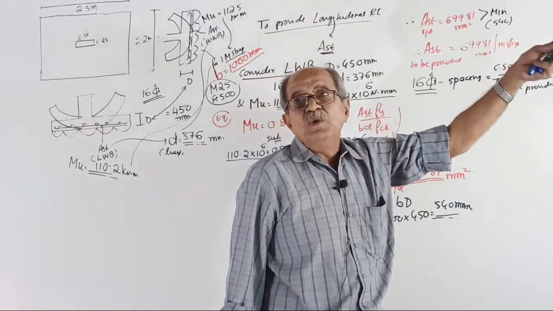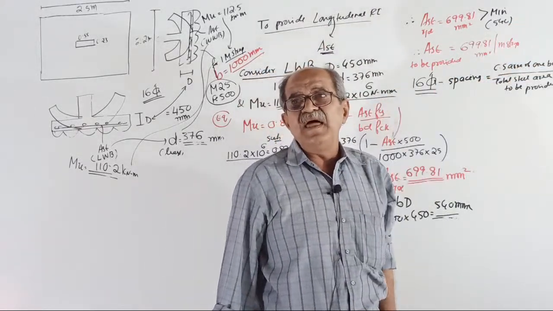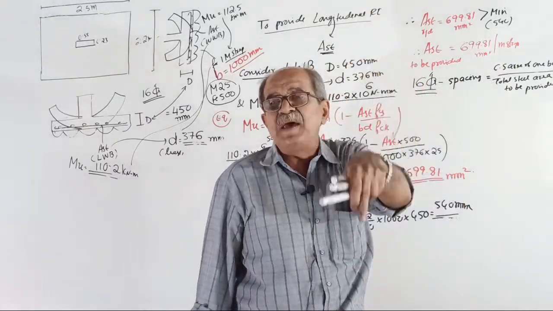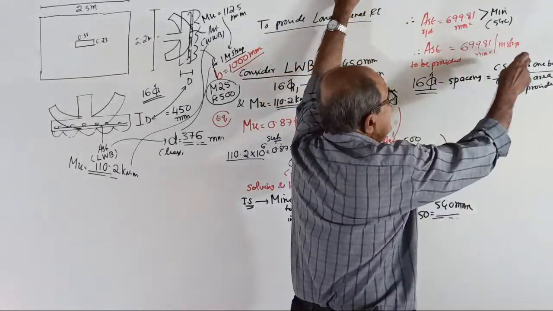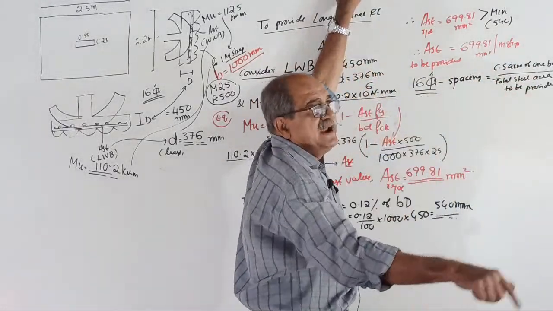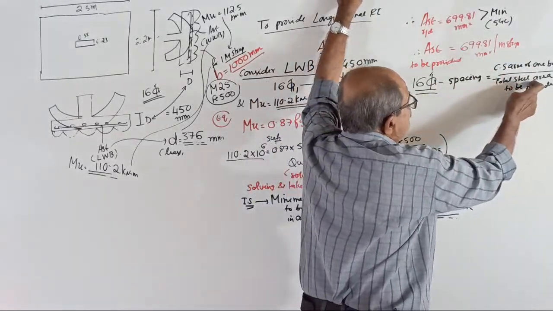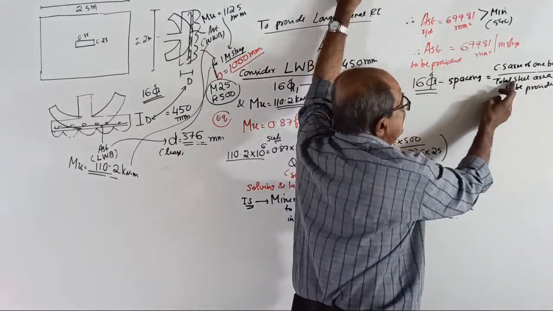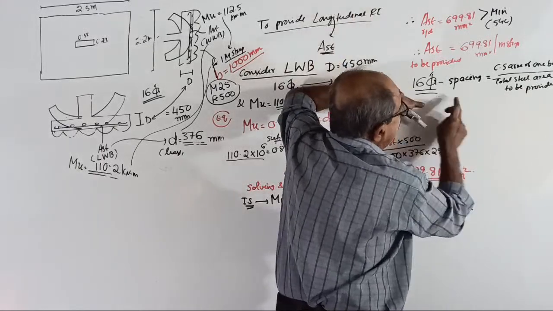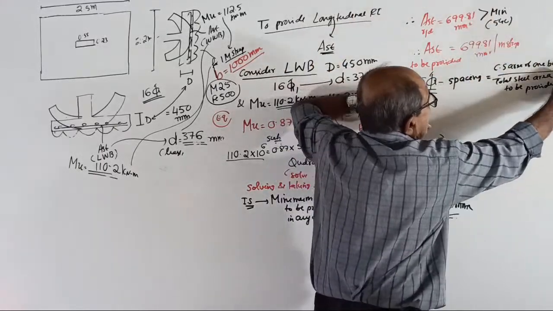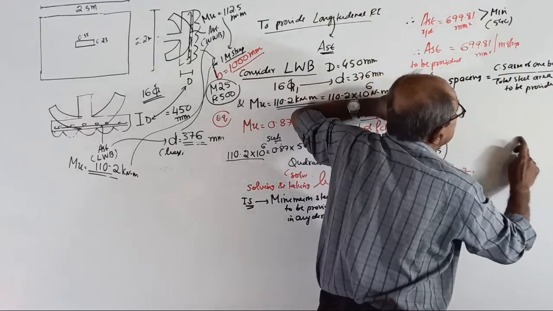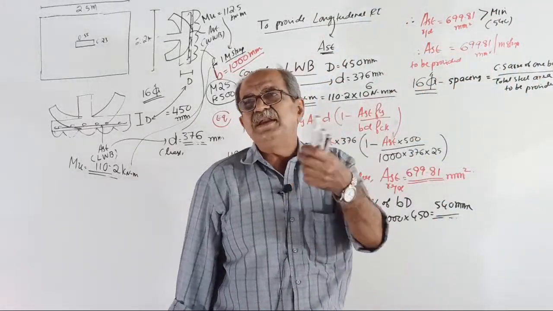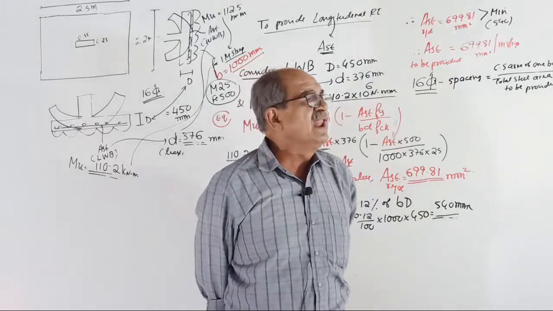Little later, when you go to check for shear, spacing is already decided. For the given spacing, we want to find the area of steel actually provided. Then this will come this side, this will go that side. Then area of steel provided equals B divided by spacing into area of one bar. Those who came to my class, you know it.